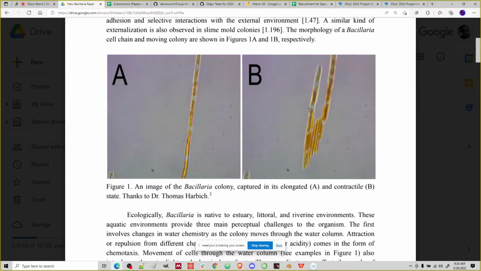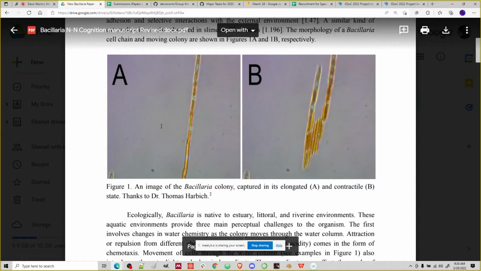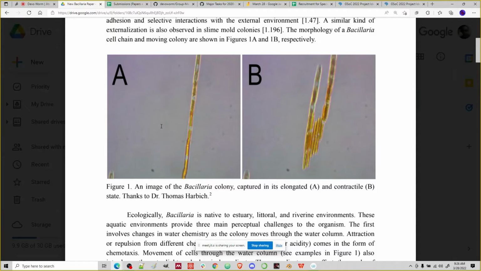Last week I showed a paper on a ciliated organism that behaves collectively based on its physics. There are different biophysics going on, and this ciliated organism is responding to it. It looks intelligent, but it's really a collective biophysics.